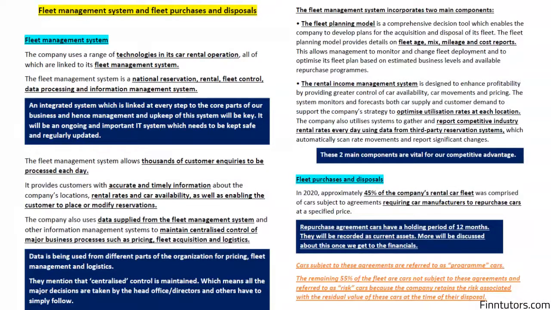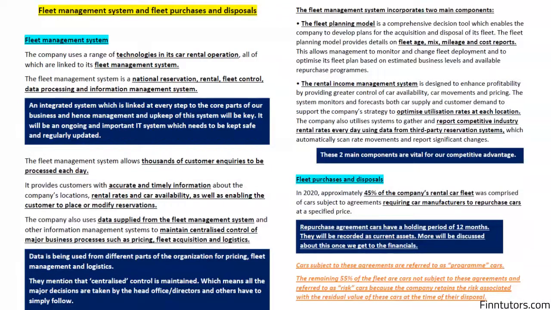Now, data is being used from different parts of the organization for pricing, fleet management, and logistics. They mentioned that centralized control is maintained, which means all the major decisions on pricing, fleet acquisition, and logistics are taken by the head office or the major directors, and others have to simply follow, because these are major strategic decisions, and our company believes in centralized control.